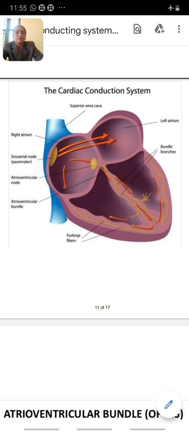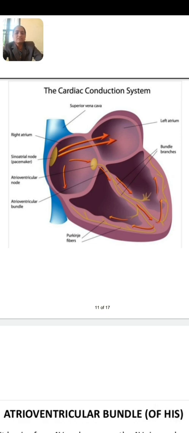Simultaneously, the impulse of contraction from the SA node reaches the AV node. From the AV node it reaches the bundle of His. As soon as it reaches the bundle of His and Purkinje fibers, two events happen: the impulse conducts from the SA node to the AV node, and blood flows from the atria to the ventricles. As soon as the wave transmits from the AV node to the bundle of His, it is immediately transferred to the Purkinje fibers.